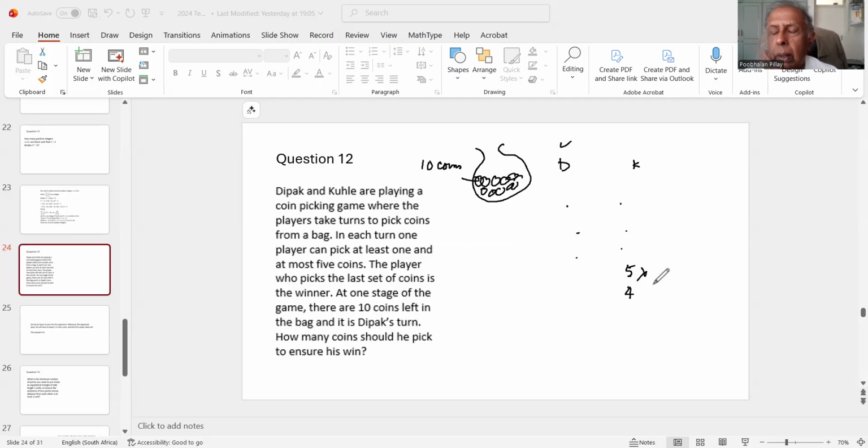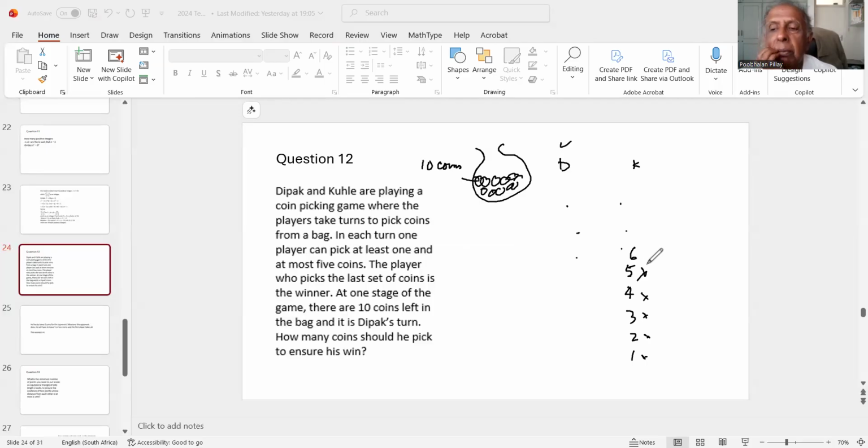Oh, wait a minute. Even if he leaves 4, Kushler will take the whole lot. So none of these are allowed. Can you leave him with 6?